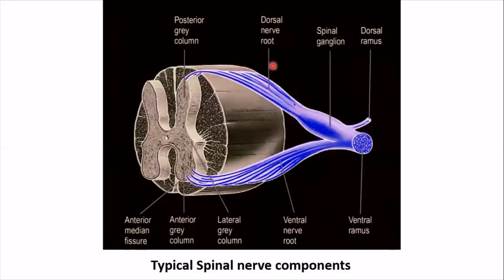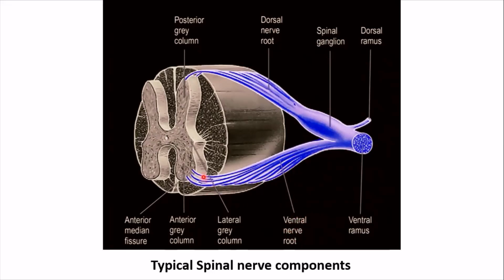This is the picture. Again I repeat, the central H-shaped or butterfly-shaped gray matter lies in the center, and this is the peripheral white matter. This is the anterior gray column, and emerging from it is the anterior or ventral nerve root.